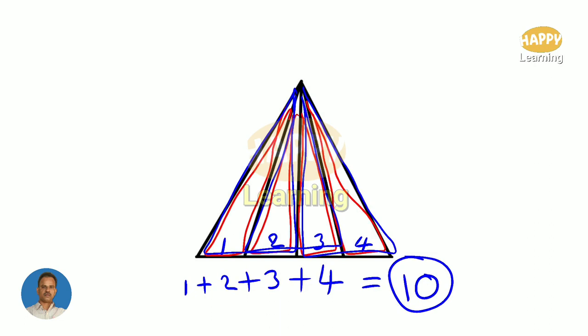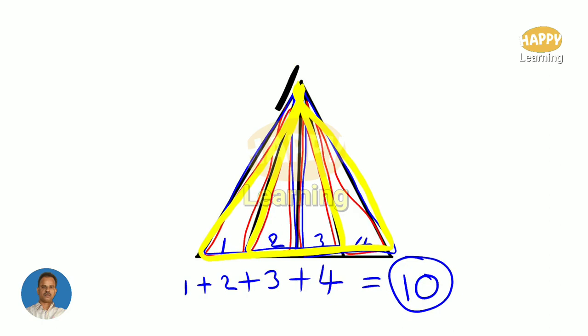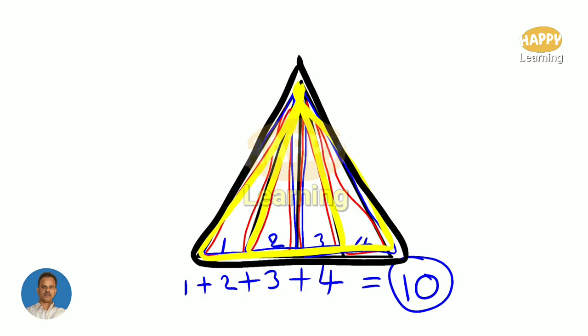Then here the 8th one, here the 9th one, and finally here the external 10th one. So total 10 triangles are there. Instead of counting like this manually, you can follow this formula: 1 plus 2 plus 3 plus 4 is equal to 10. So there are total 10 triangles in this given figure.